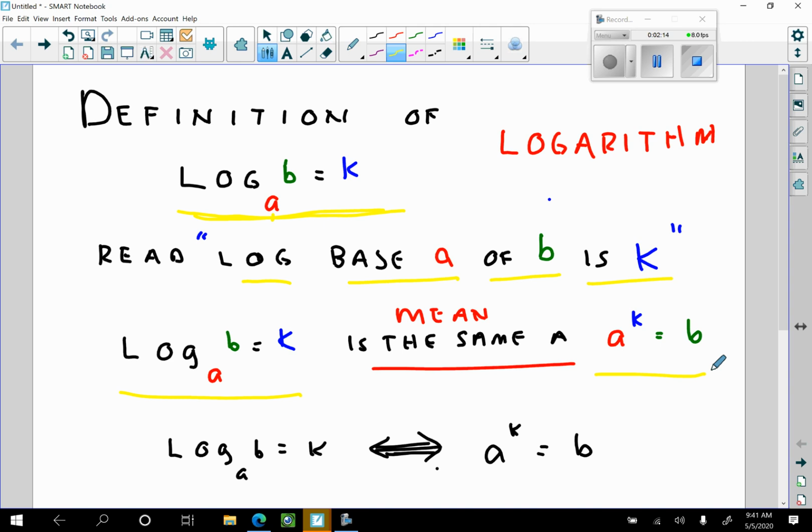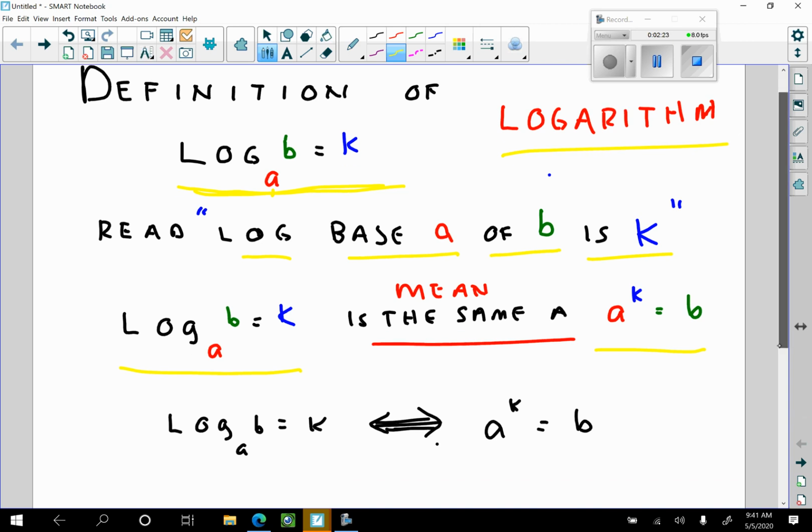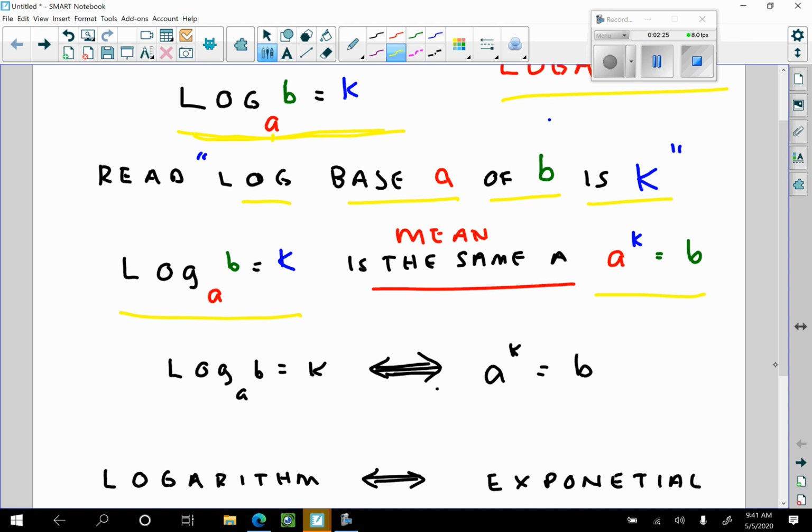Very important component of mathematics, logarithms. Elusive nonetheless.